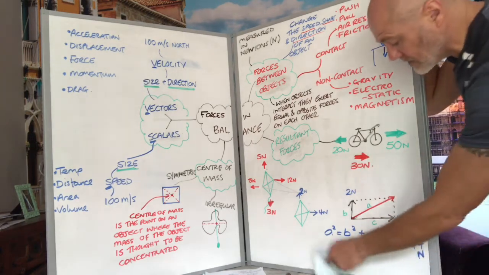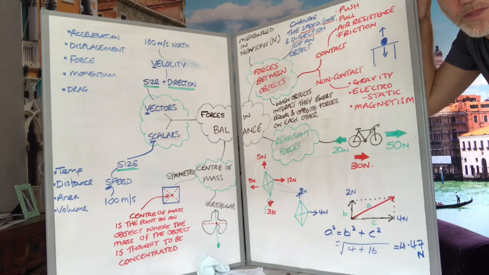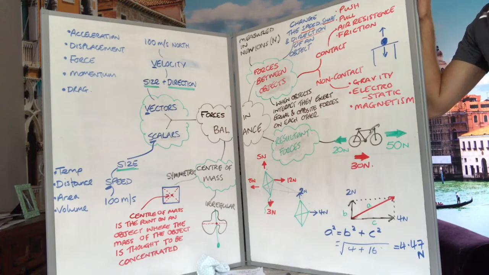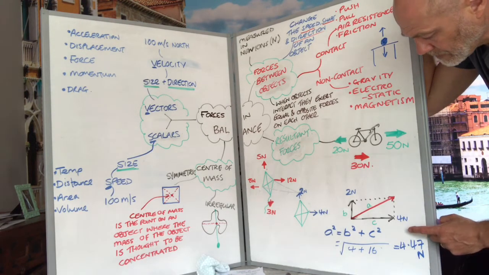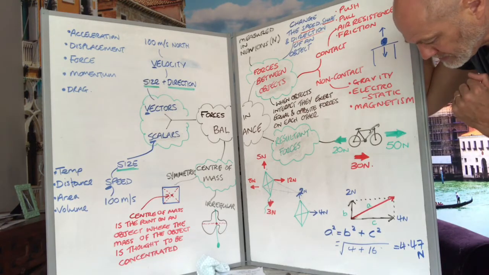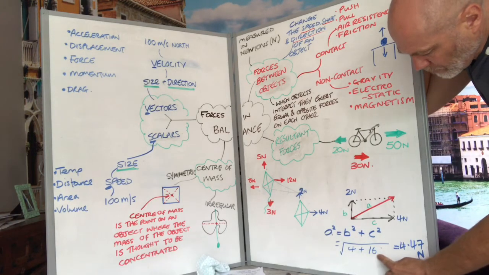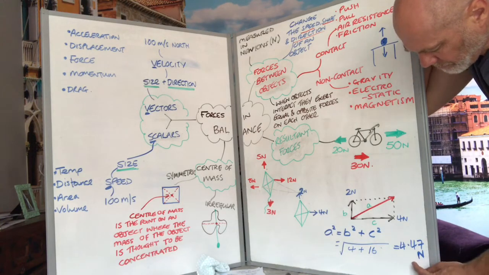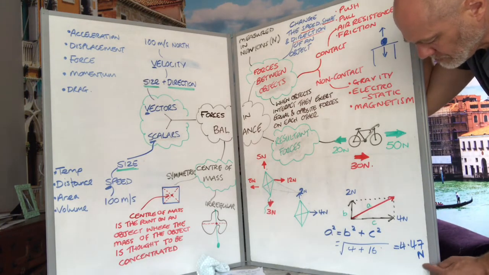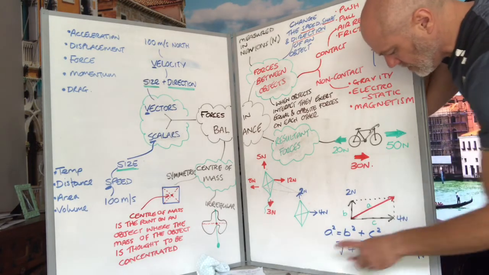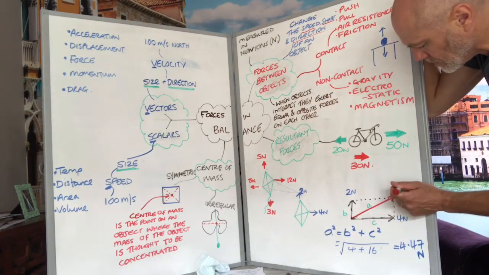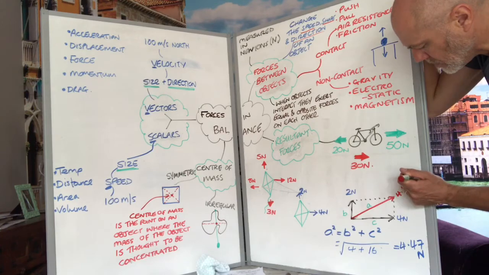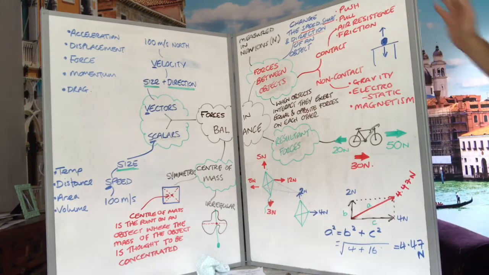To calculate the size of the force, we use Pythagoras. So referring back to your maths here, if we use a squared equals b squared plus c squared, then 4 plus 16 is 20, square root of 20 is 4.47. So the resultant force is 4.47 newtons in that direction.